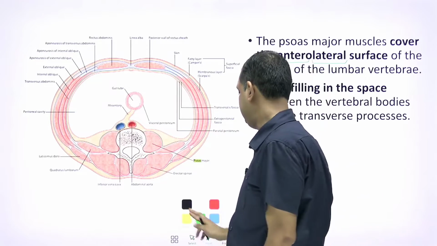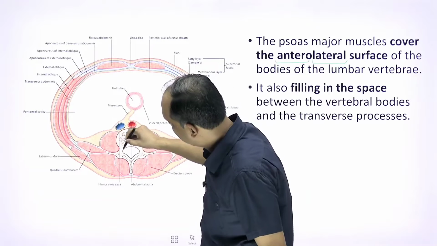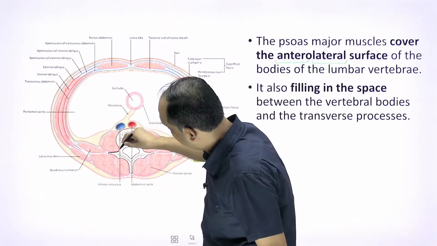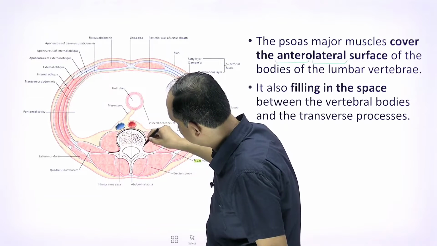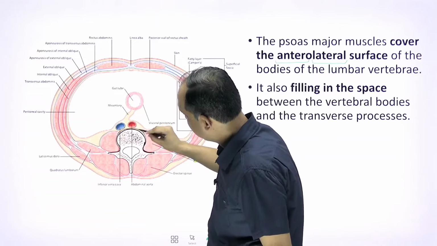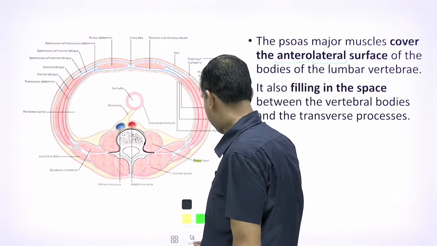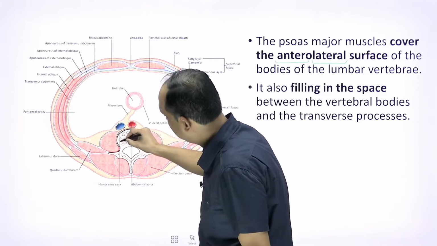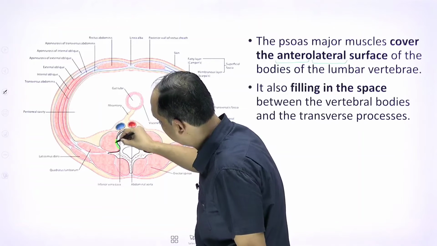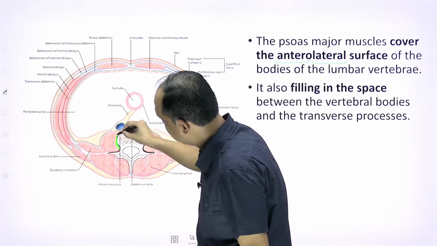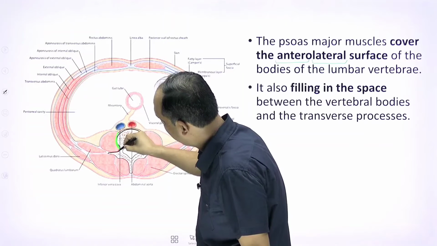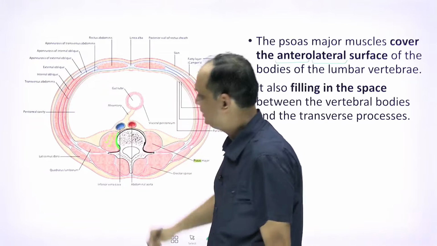Now here you can see in this diagram that this is your lumbar vertebrae. Now when you trace the lumbar vertebrae, this is the anterior surface of the lumbar vertebrae, and along with that you have the lateral surface of lumbar vertebrae. So this area is actually occupied by the muscle known as psoas major.